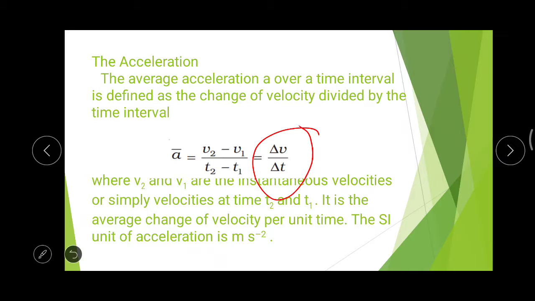In the case of average velocity, we have seen that it is equal to delta x divided by delta t, the change in position divided by the time required for that change. Here it is delta v by delta t.